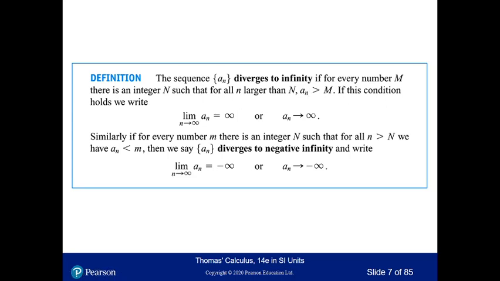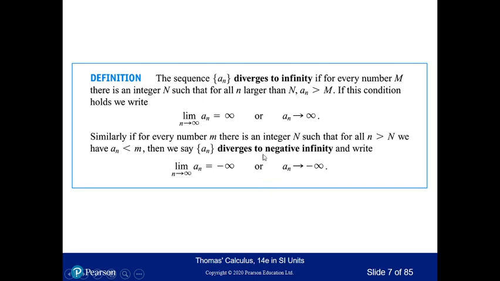If you try to say, oh, this is the last element, or this is the biggest value that it can take, there's always another point bigger than that. So that sequence is going to go to infinity as n approaches infinity. That's why it's called diverging to infinity.